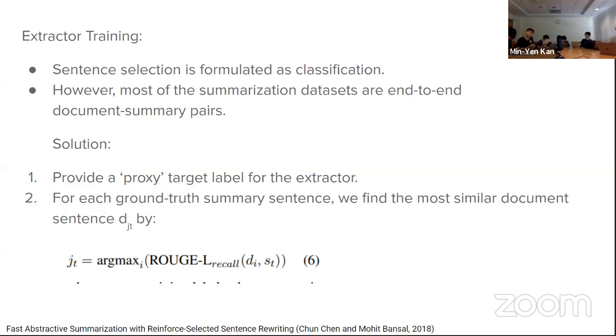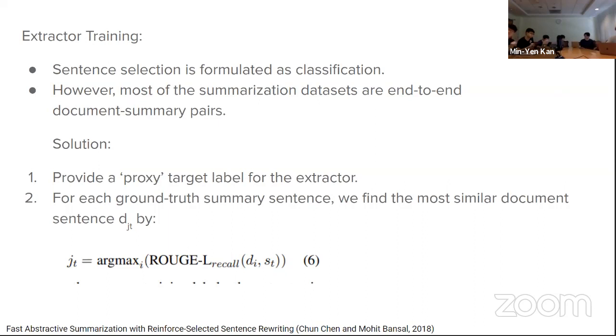The solution is to provide a proxy target label for the extractor. To do that, you take a ground truth summary sentence with the given paragraph, and by using a metric called ROUGE, you choose the sentence that is most similar to the ground truth summary.